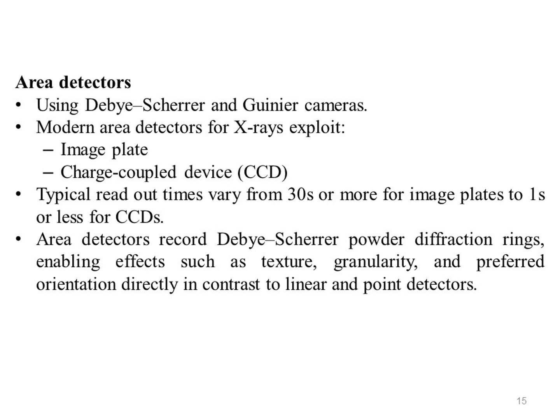Area detectors record part or even whole Debye-Scherrer powder diffraction rings, enabling effects such as texture, granularity, and preferred orientation to be observed directly, in contrast to linear and point detectors.